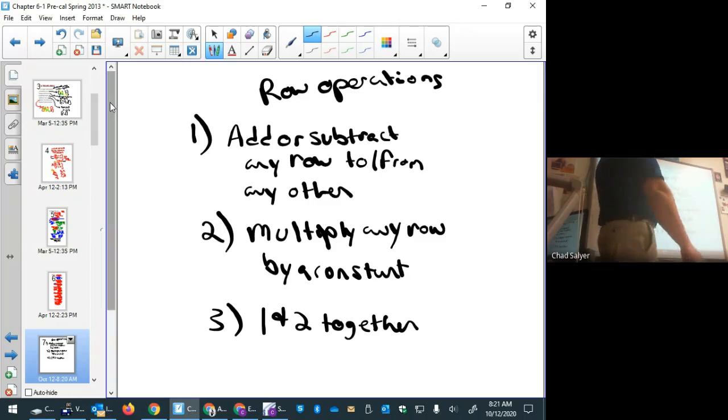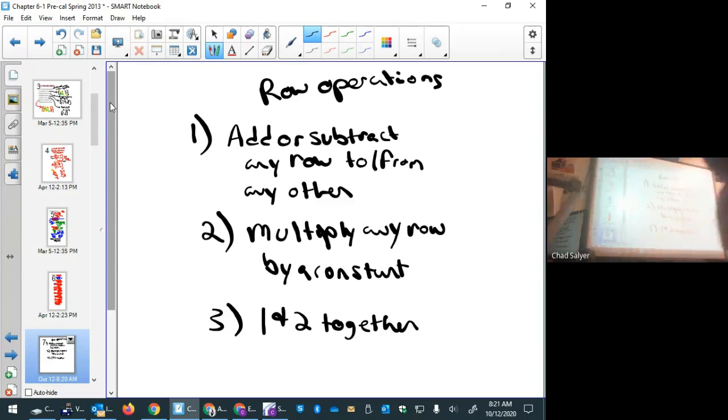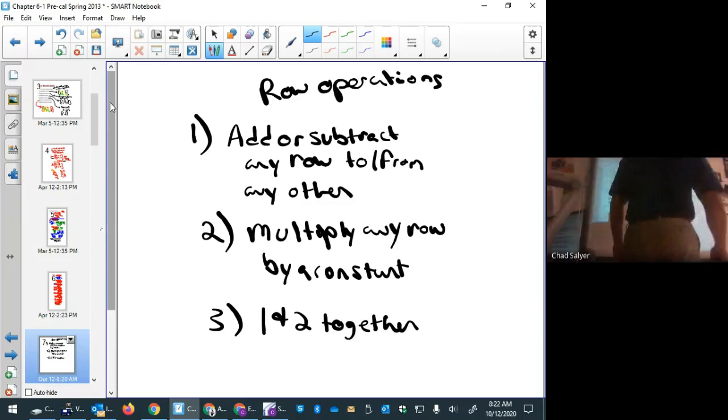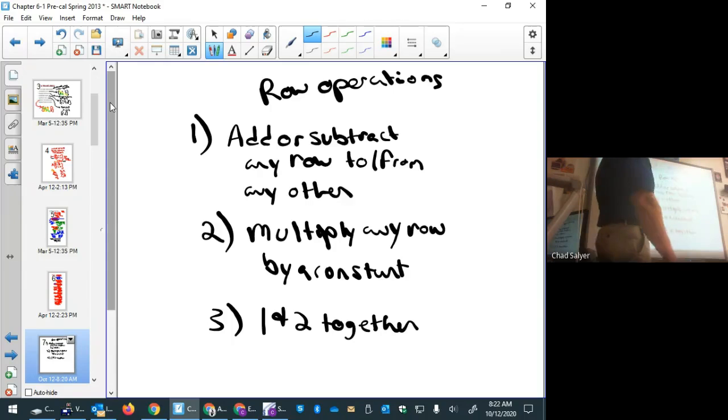So the row operations for matrices are that. We can add or subtract any row to or from any other, multiply any row by a constant, and do both of those things together.